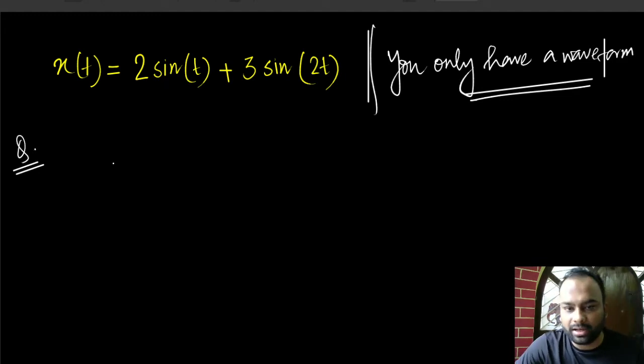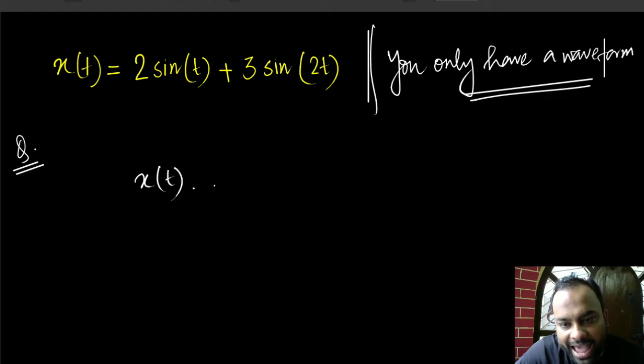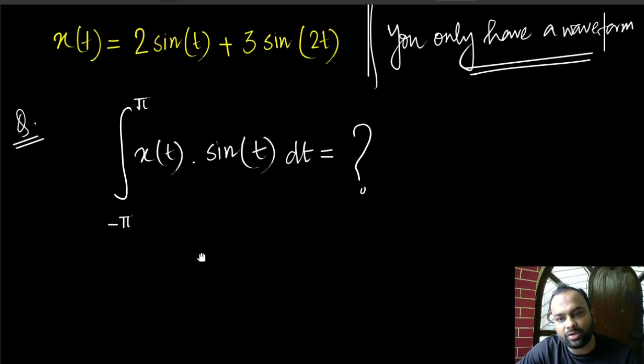We have the signal. But what if I integrate this signal? What if I multiply the signal? For example, I take x(t) and multiply it with sine t and integrate it from minus pi to pi with respect to t. Do tell me, what am I supposed to see as the result of this integration?